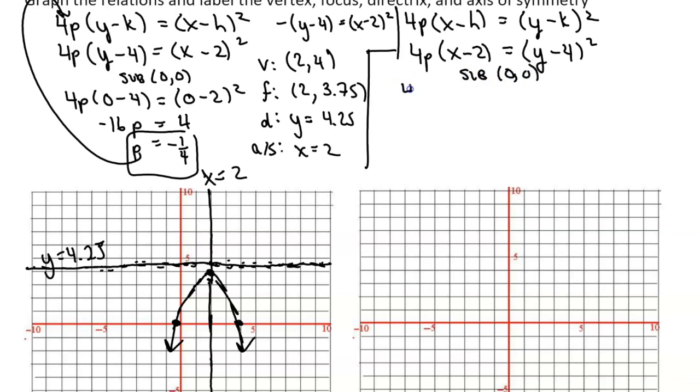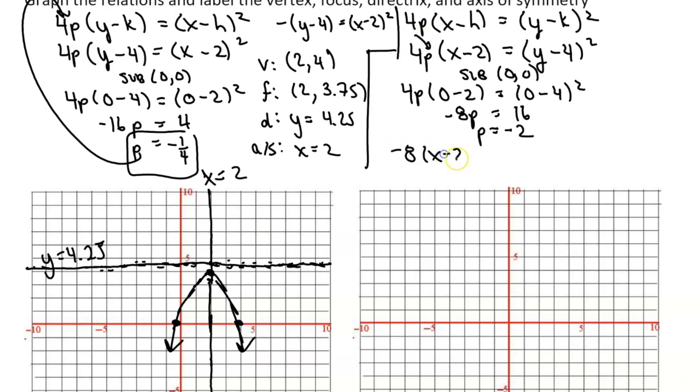And when you do that, you get 4p times (0 subtract 2) equals (0 subtract 4) squared. You could get negative 8p is equal to 16. So your p value will be equal to negative 2. So if you want your overall equation for this, and you put negative 2 in for your p value, you would get negative 8 (x subtract 2) equals (y subtract 4) squared.